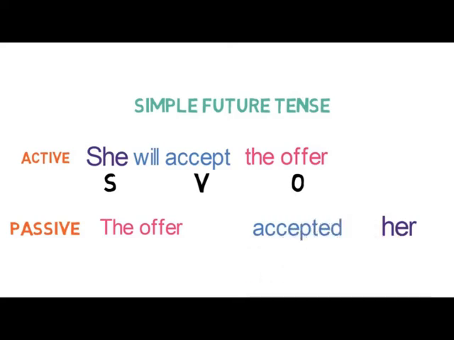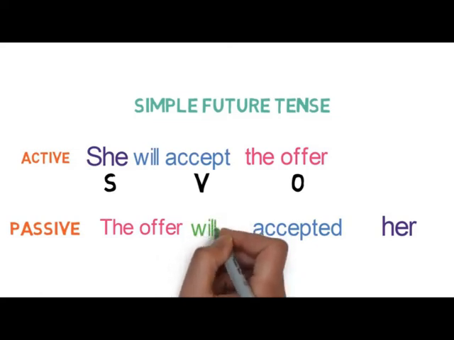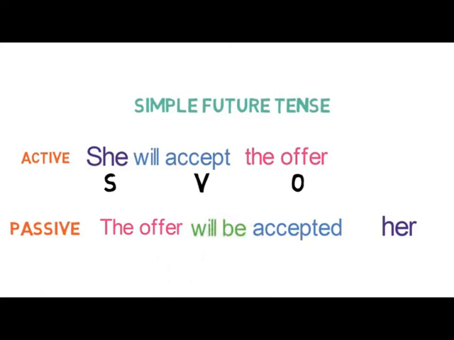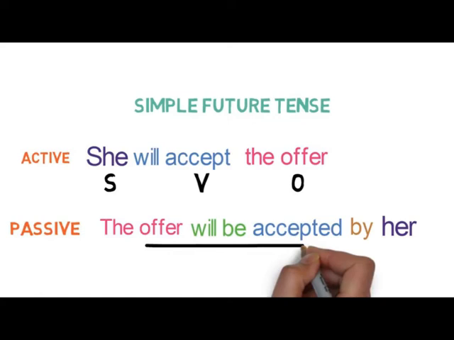Then we will write the third conjugation of accept, which will be accepted. Change the verb to be: will be. And don't forget to add by before her. So it will be: the offer will be accepted by her. And this is the passive voice.